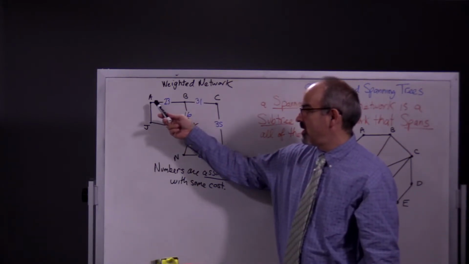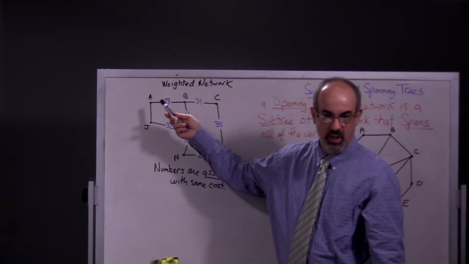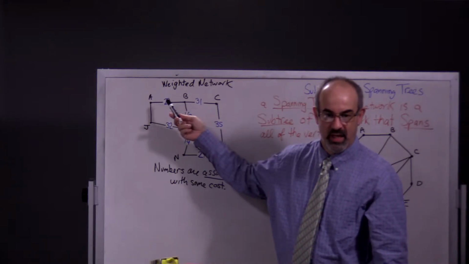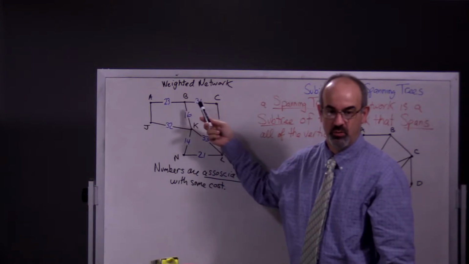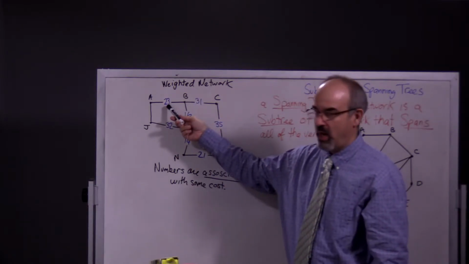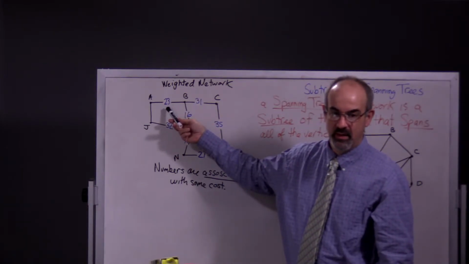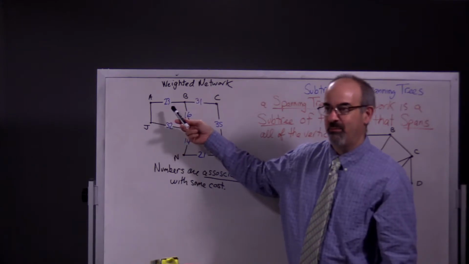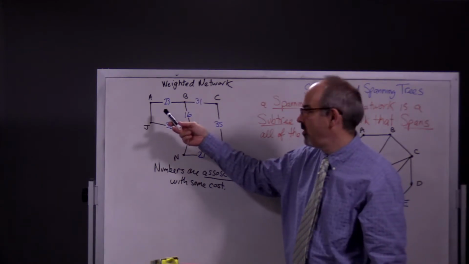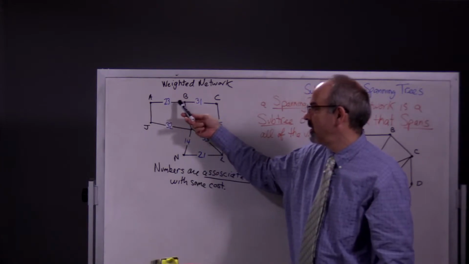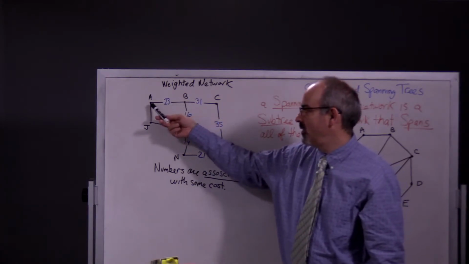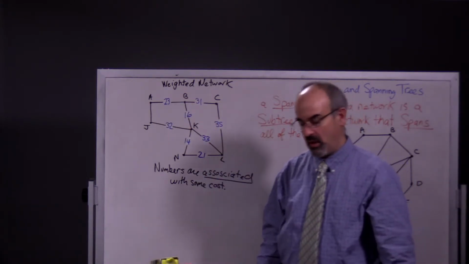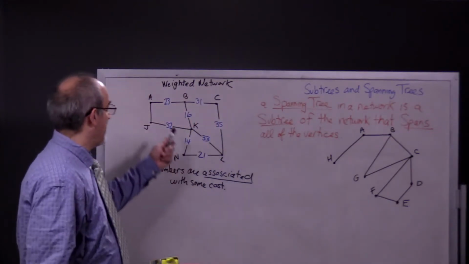If this is, for example, pipeline or fiber optic cable or electrical wires, and this weight means how many millions of dollars it costs to lay the wire or cable from A to B. That's $23 million right there.